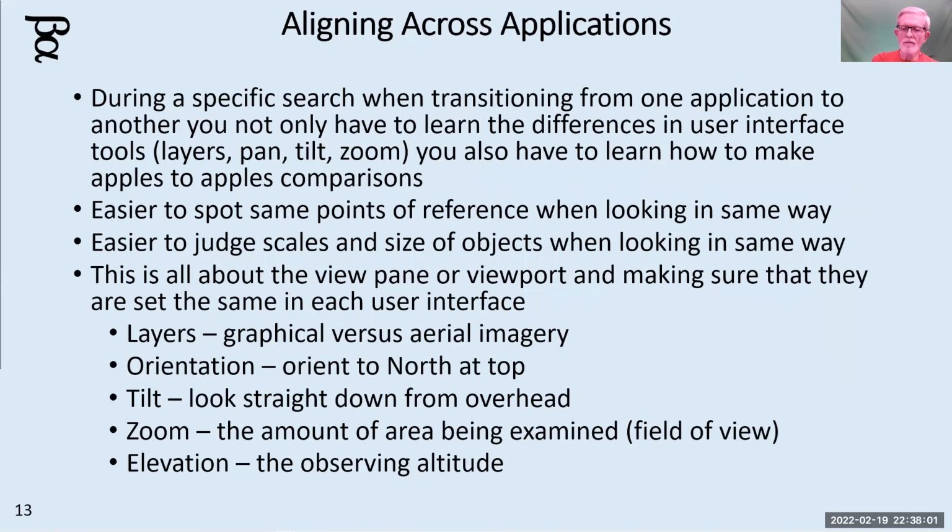As you go looking for something, you may find that the first application or repository you start looking in doesn't have quite what you want, or the data may be old, or it may not be presented the way you find most comfortable to look at it. So you're going to be switching from one application or repository to another. And when you do that, some things may be the same, like pan and tilt and zoom.